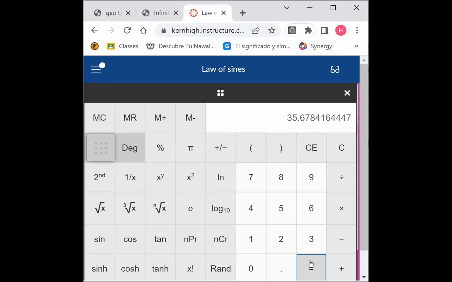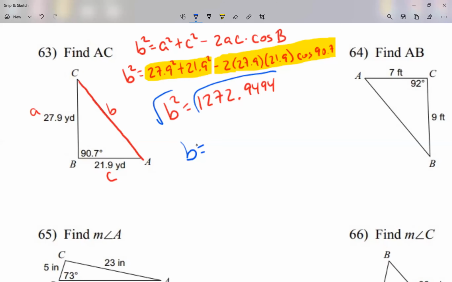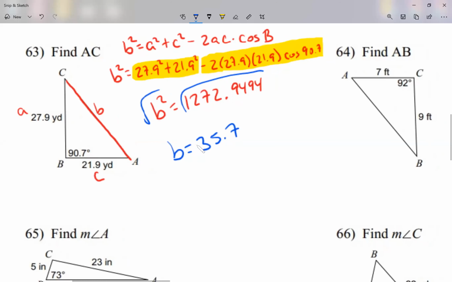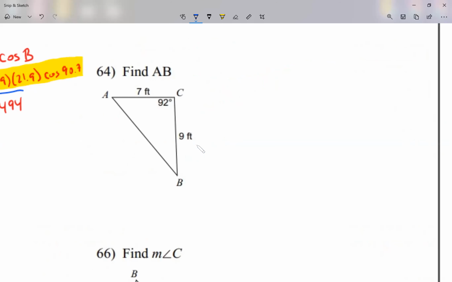So I'm just going to call that 35.7. Okay, not that bad. Solving for sides is not bad, whether you use law of sines or law of cosines. So I'm asked to solve for side AB.